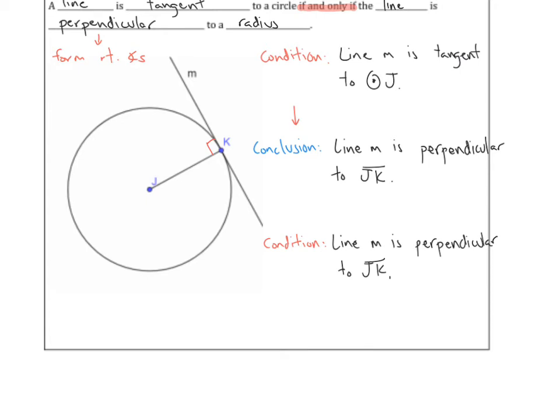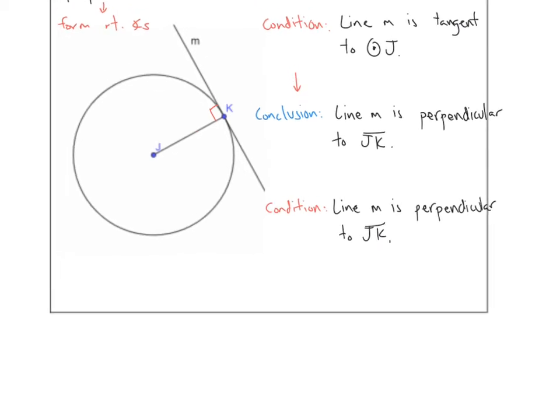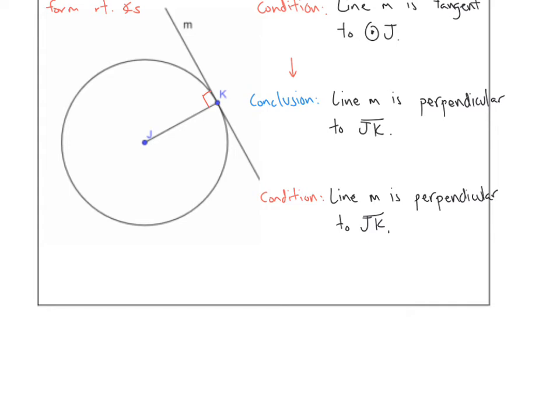These are just two different ways for us to be able to determine if the line M is perpendicular to segment JK. And again, if this is true, then we are allowed to make the conclusion that line M is tangent to circle P.